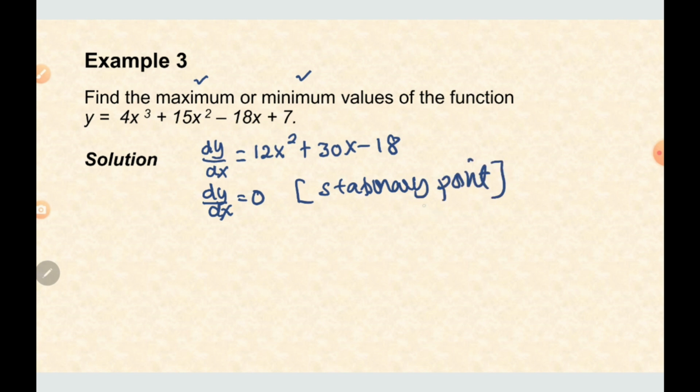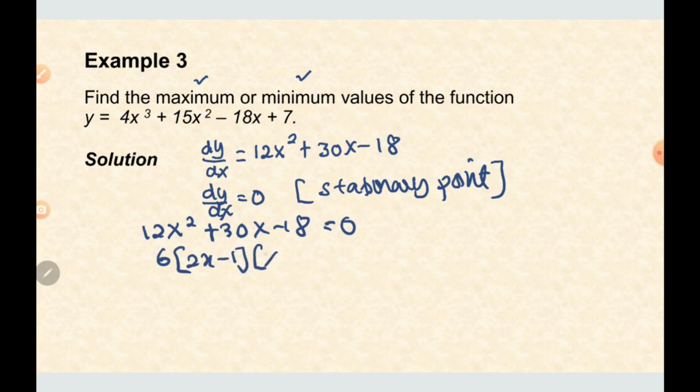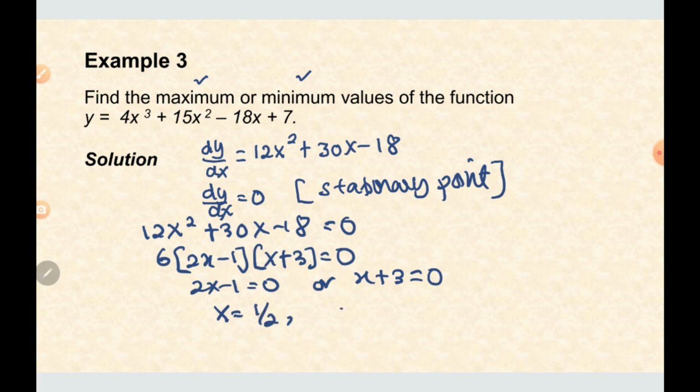Stationary means it's either a maximum or minimum. So 12x squared plus 30x minus 18 equals 0. Then we factorize to get 6 times (2x minus 1) multiplied by (x plus 3) equals 0. So either 2x minus 1 equals 0 or x plus 3 equals 0. Therefore, x equals 1/2 or x equals negative 3.